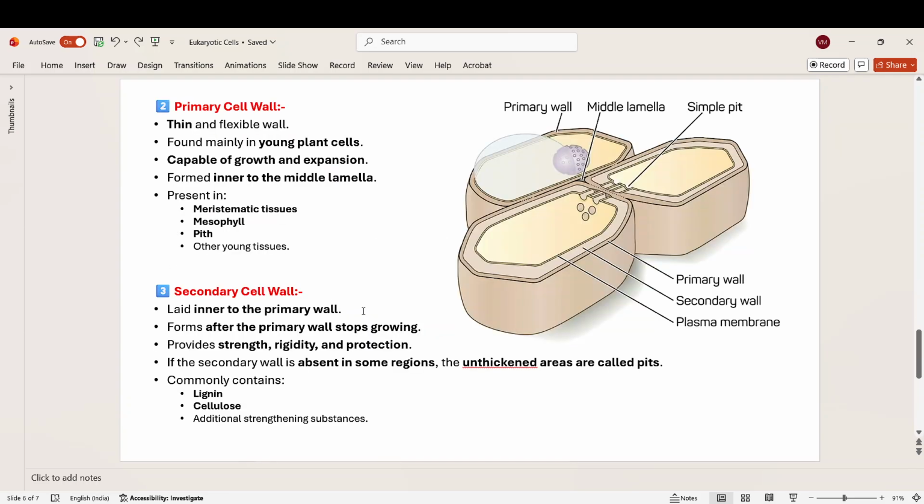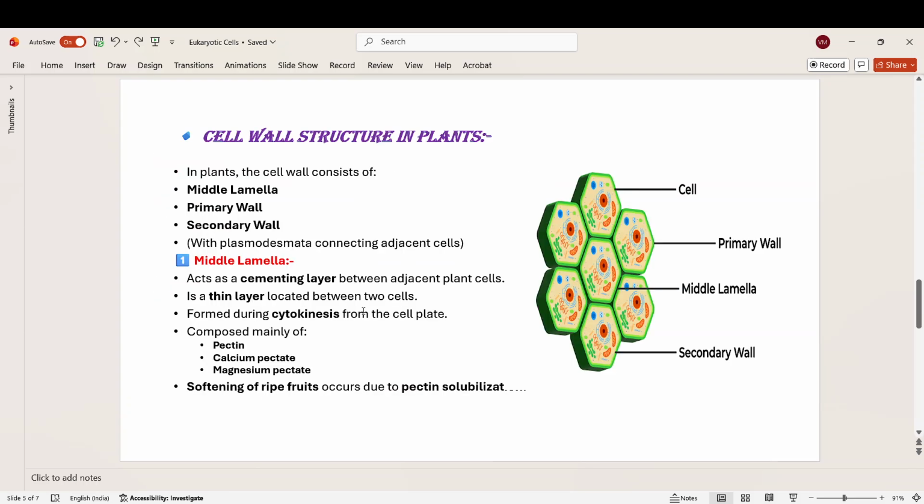See in this image, we can see here is a cell, and between adjacent cells there is a structure. It is called the middle lamella. The middle lamella is the outermost and the first formed layer. Think of it as the cement that binds two plant cells together.